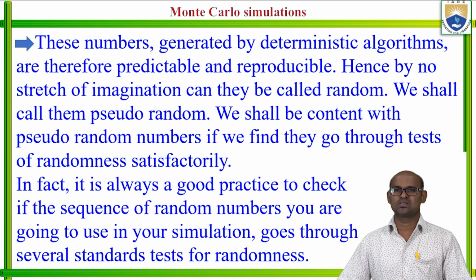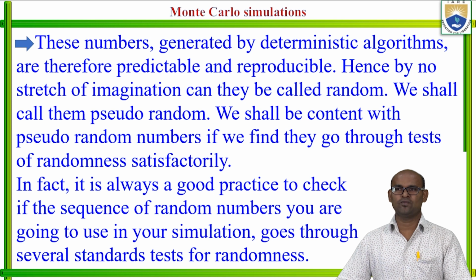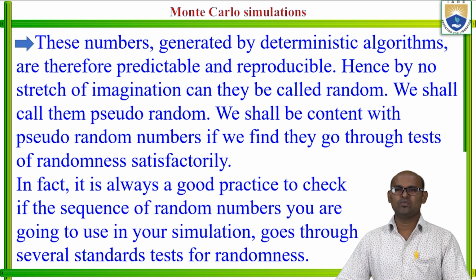So these numbers generated by deterministic algorithms are therefore predictable and reproducible. If we want to use the truly random numbers generated by a random physical process, we need to store them on a disk of our computer. Whenever we need a random number, we can retrieve it from the disk, and we find that it slows down our computation.